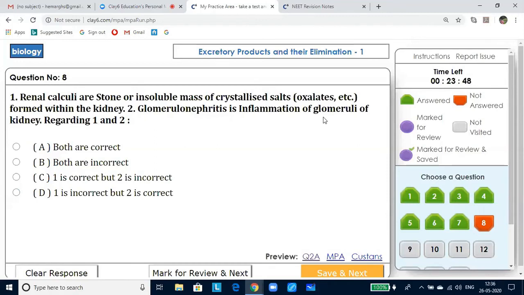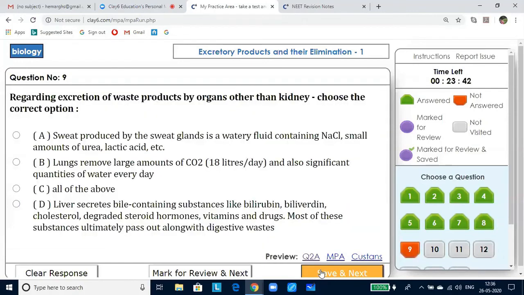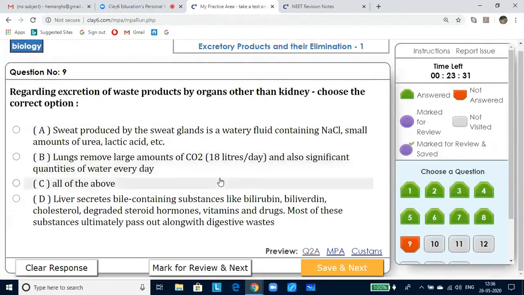Regarding 1 and 2, both are correct. Regarding excretion of waste products by organs other than kidney, choose the correct option. So all the above are correct.